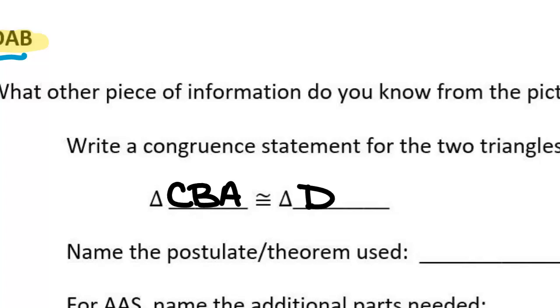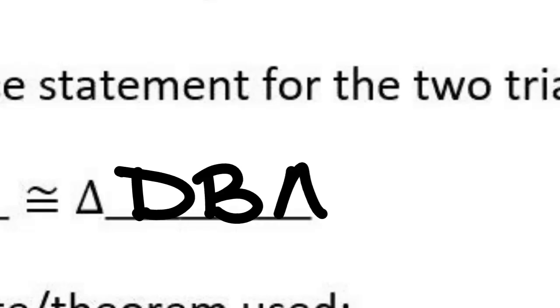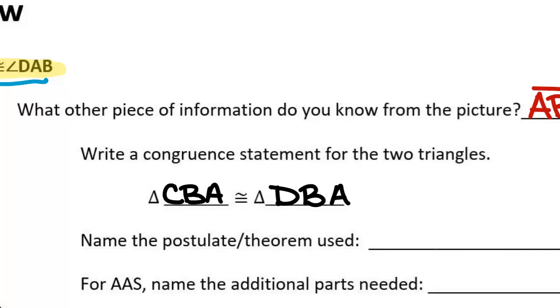On the white triangle, that would correspond to B. And then finally we have A, which has this arc marking with a slash on it. What does that correspond to on the other triangle? A, yes. So triangle CBA is congruent to triangle DBA.